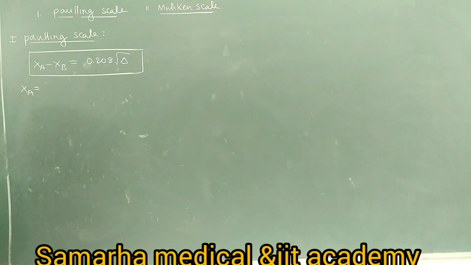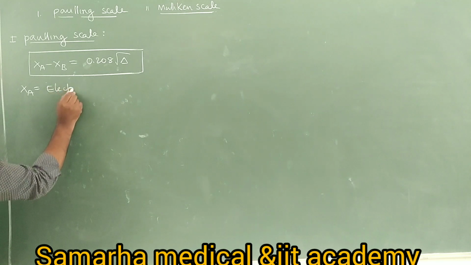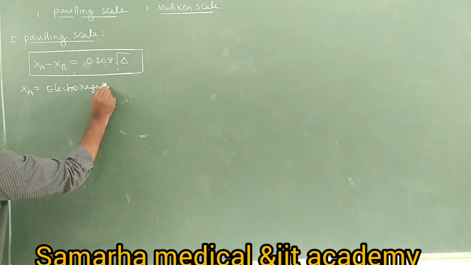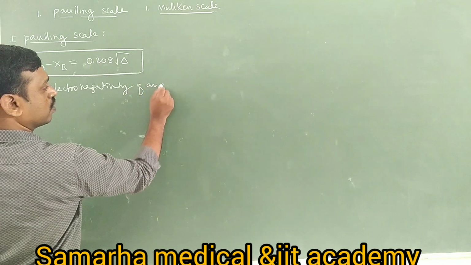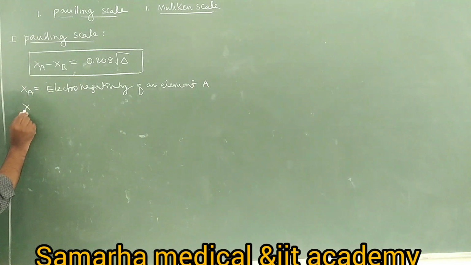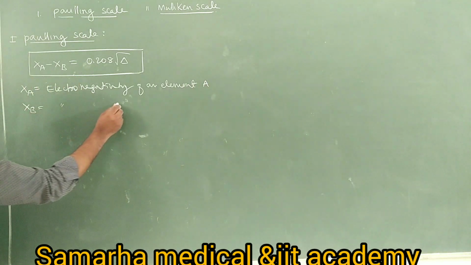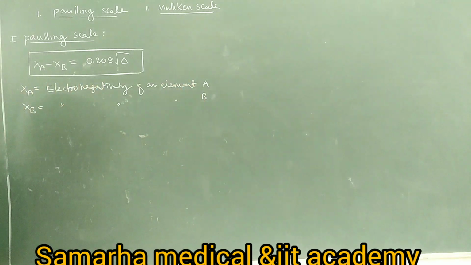XA is the electronegativity of an element A, and XB is the electronegativity of an element or atom B.